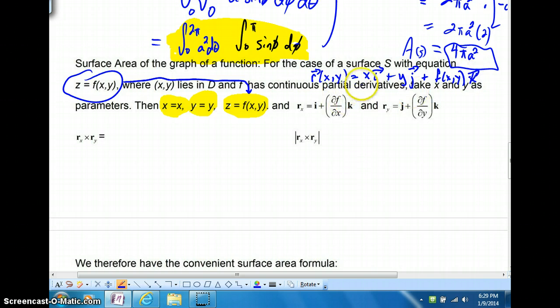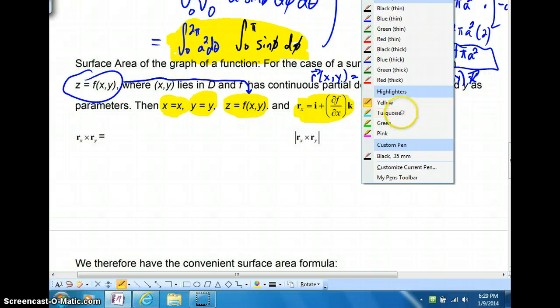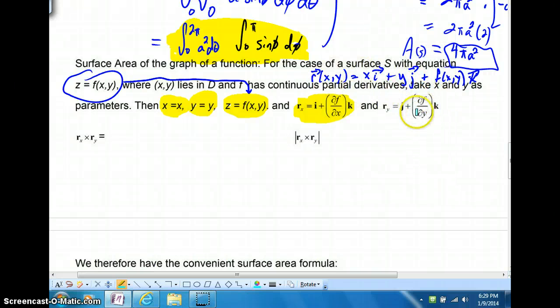Well, take your partial derivative with respect to x. You can see that you'd be left with 1i. The j component completely disappears. And then you'd have the partial derivative of f with respect to x as your k component. Similarly, if we went back up to our original parametric equation and took our derivative with respect to y, the i component would drop out.